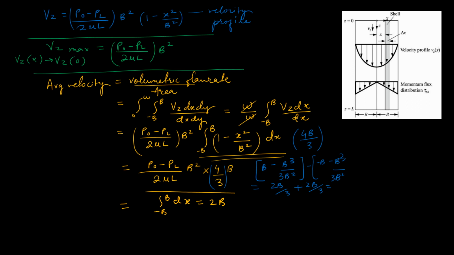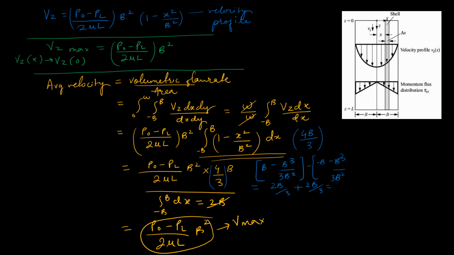So what we get here is P naught minus PL upon 2 mu L b square, which is also Vmax.